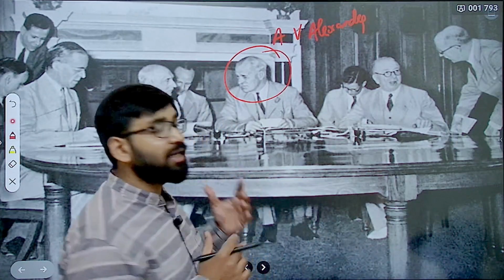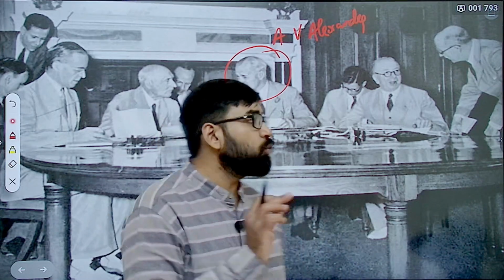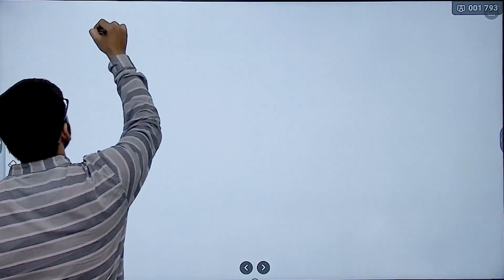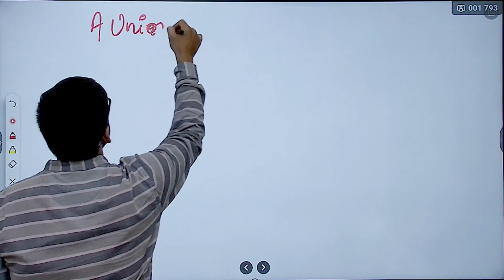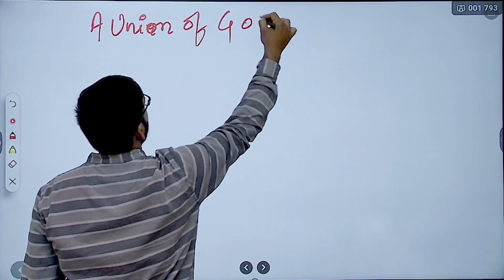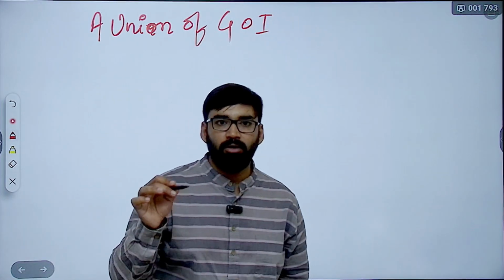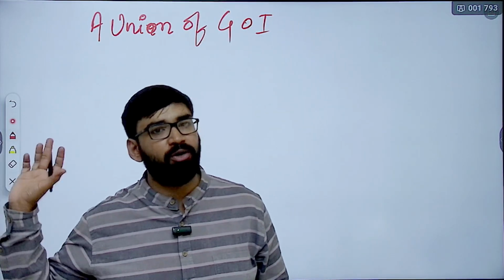Now, what are their recommendations? इन्होंने क्या recommendation दी? Their recommendation was first, a union government of India.